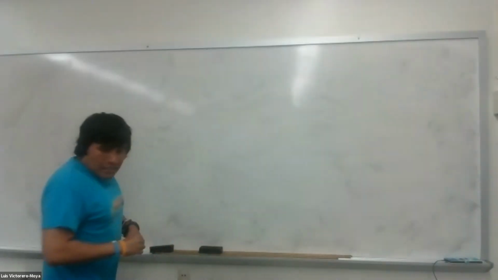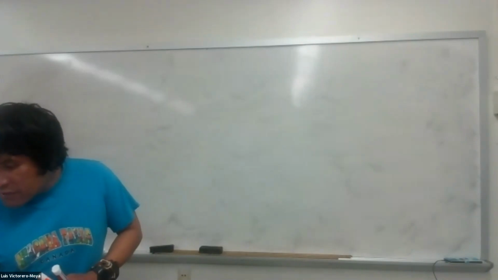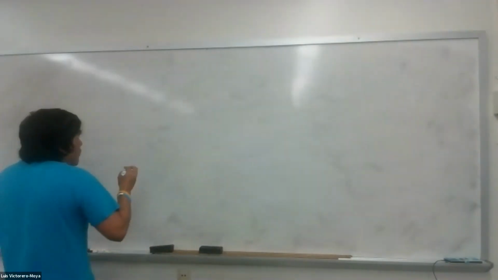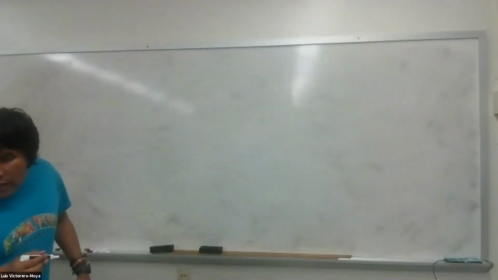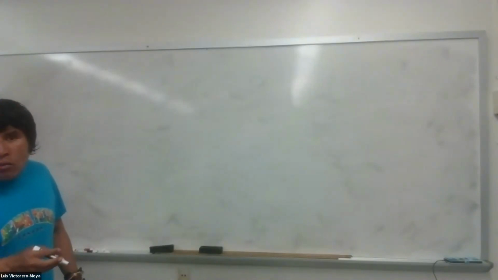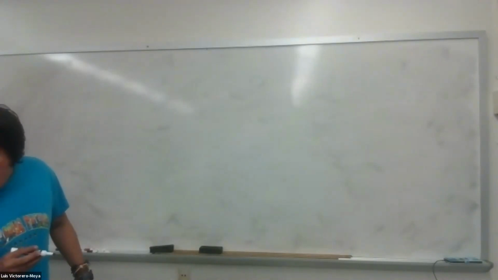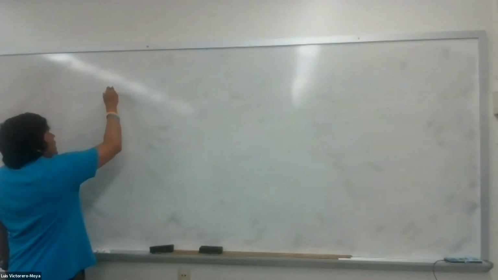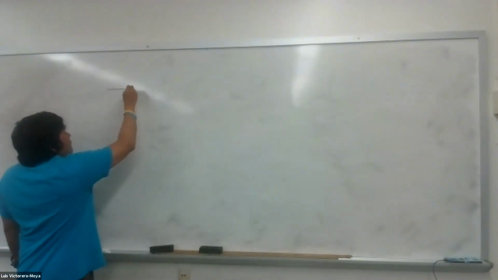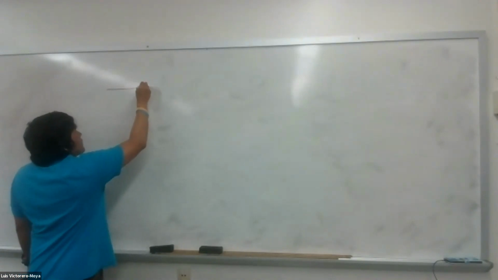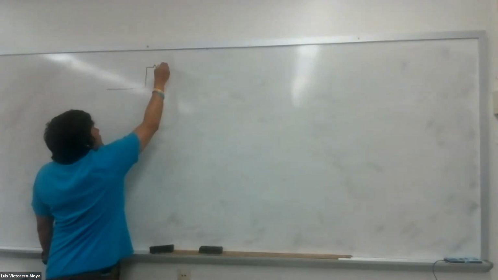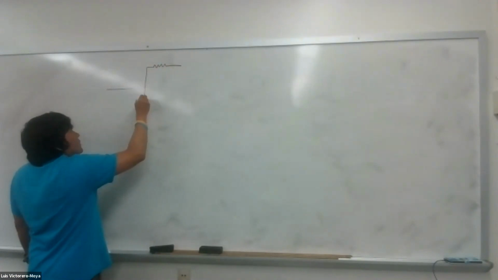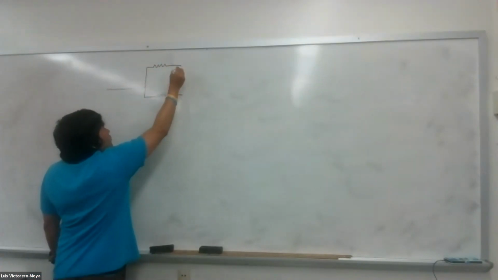In fact, in a lab, depending on the value of the resistances, because you're not always going to have 4, 3, 6 ohms. You have 1,000 ohms, 10,000 ohms. So we measure currents in many instances in milliamps. So it is important that you know how to go from one to the other.